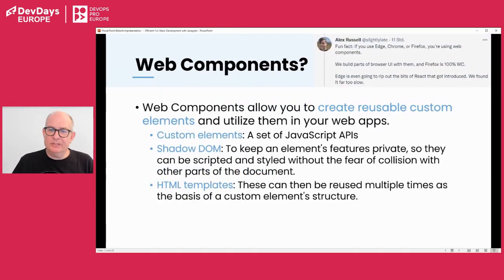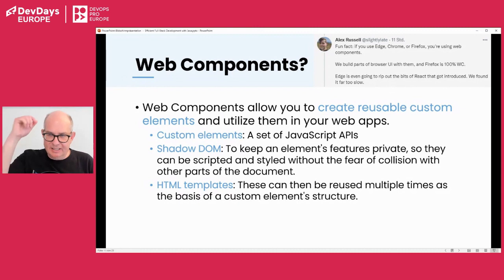Now, what are web components? Web components is a standard that extends standard HTML, so you can create reusable components that consist of custom elements that you can then use in the application. You have a shadow DOM, like a private section where you can implement the internals of your web components, and then you have an HTML template that is used to display this component.